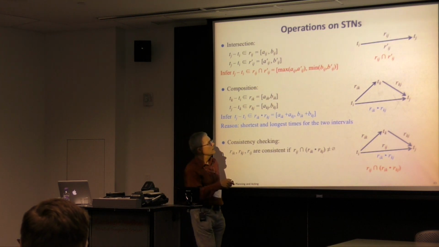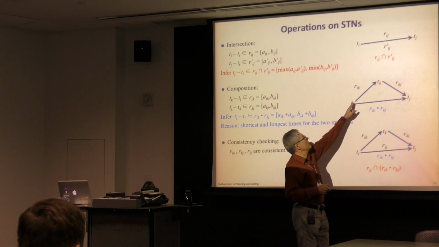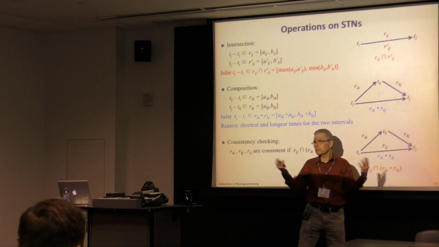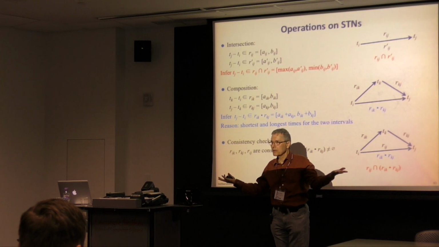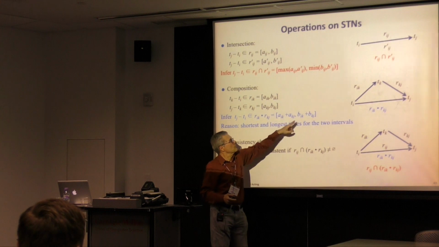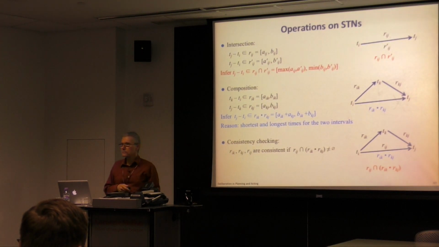The idea there is that if this takes time A, and this takes time A prime, then the distance between those two is going to be A plus A prime. And so we're taking the sum in both of those cases.